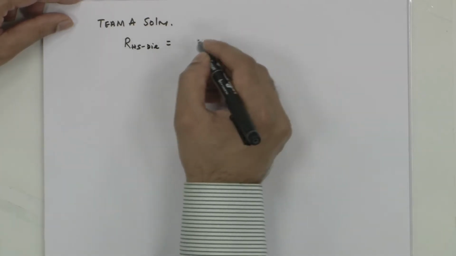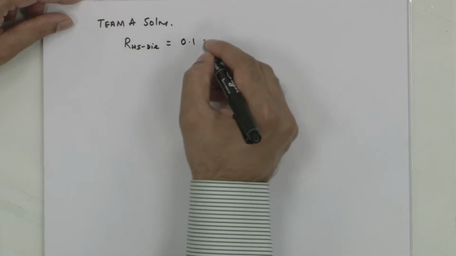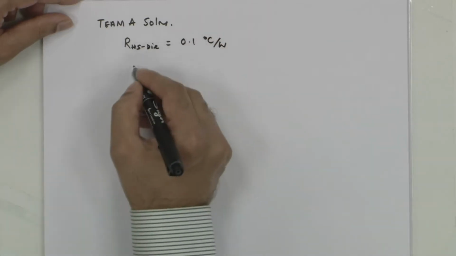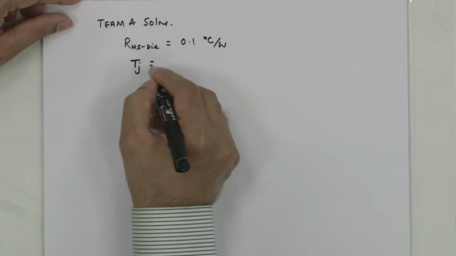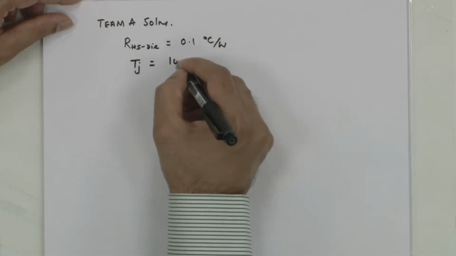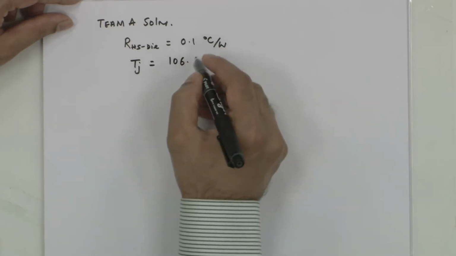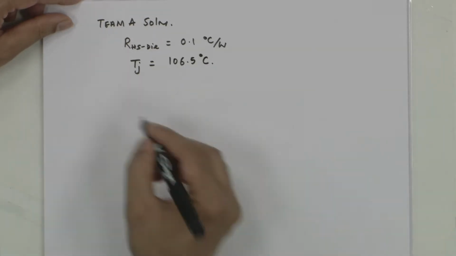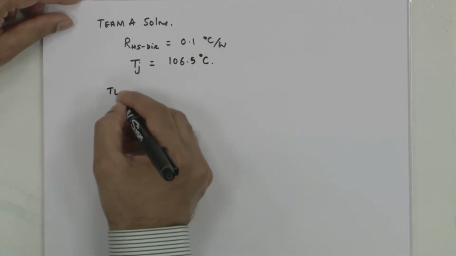With that, the resistance was calculated to be this, and so the T junction based on the inlet temperature was calculated to be this. Now we look at team B's solution.